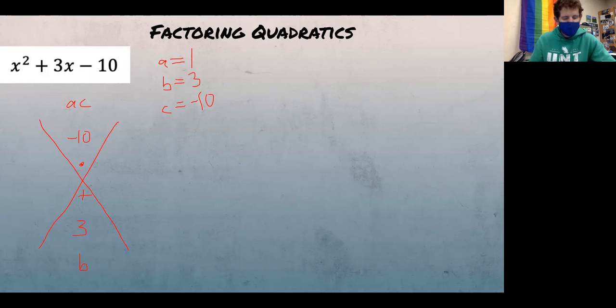So the next thing I want to do is get the factors of, I know it says -10, but let's just get the factors of 10. And what I like to do is start at 1, because 1 is always a factor of everything. 1 times what gives me 10? 1 times 10. What's the next set of factors? 5 and 2.